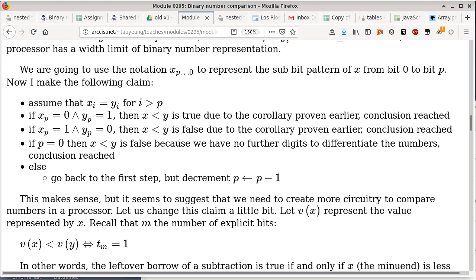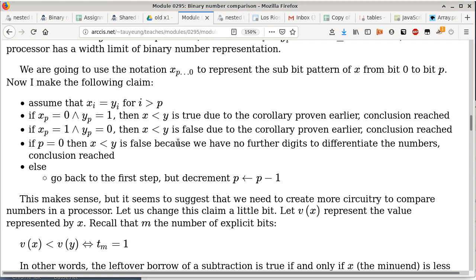But what about the case when xp and yp are exactly the same? Well, in that case, we first check, are we already looking at bit 0? If we're not, then we decrease p by 1 and go back to the beginning and work again.